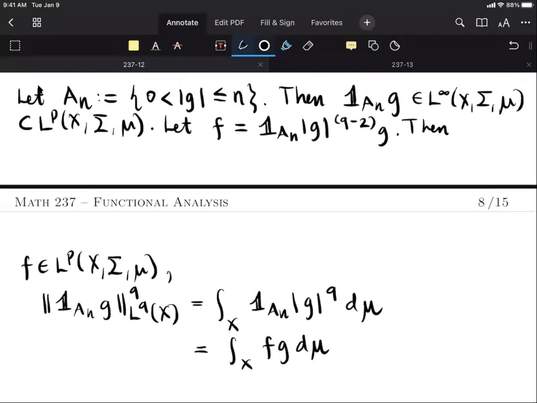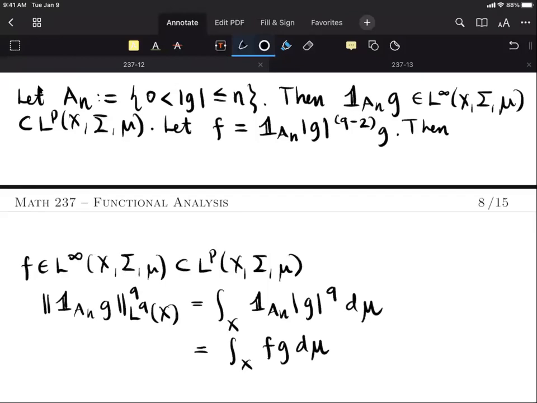By the way, since we have a cut of the function, this F must be in L infinity, which is a subset of LP, of course. And here I need to correct this into LQ.